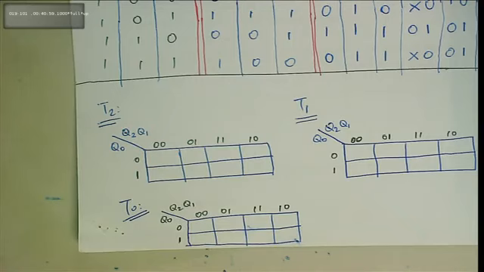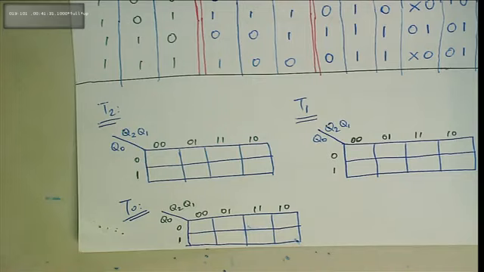For part 2, we are solving the part 1 problem. 6: 1 Karnaugh map for S, 1 for R, 1 Karnaugh map for S2, R2, then S1, R1, S0, R0. So 6 Karnaugh maps altogether. You see there's a lot of Karnaugh maps. Now, let's do the T1, because in the T flip-flop, how many inputs? Only one input into the T flip-flop. So therefore, we only have to do one for each flip-flop.